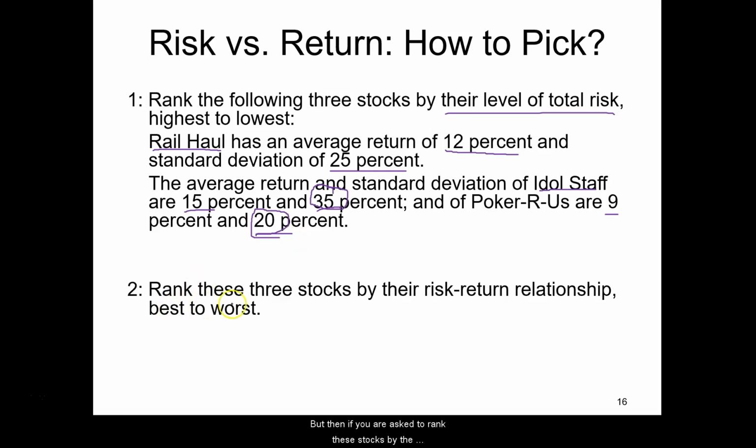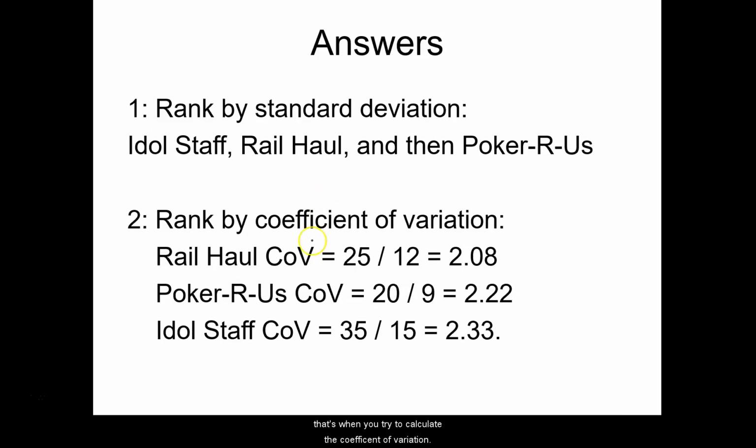But then, if you are asked to rank these stocks by their risk-return relationship, that's when you try to calculate the coefficient of variation. The first one, 12% return with a 25% standard deviation, so the coefficient of variation is about 2.08. Next one, 9% return, 20% standard deviation, so the coefficient of variation is 2.22.